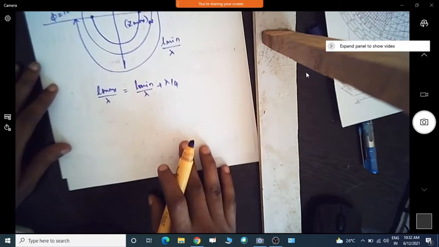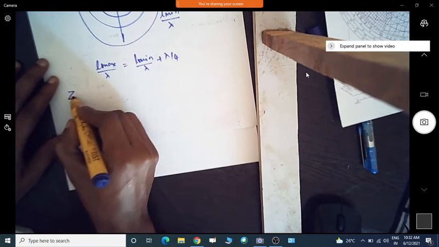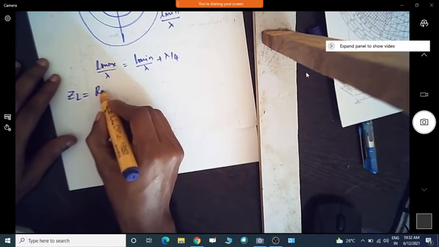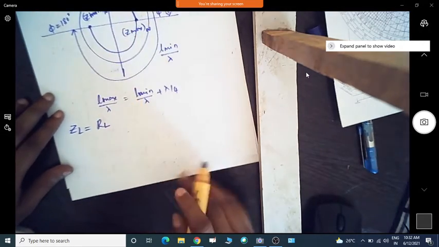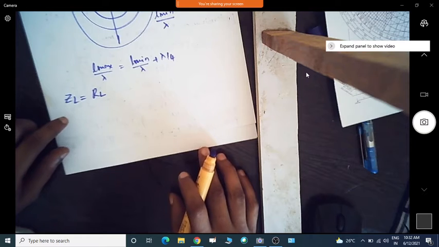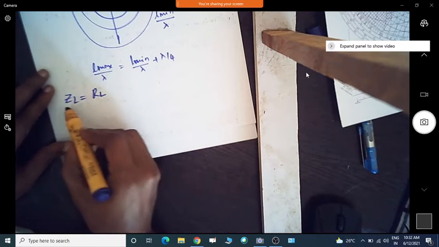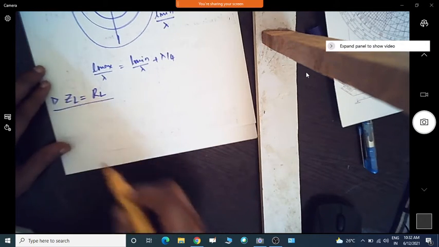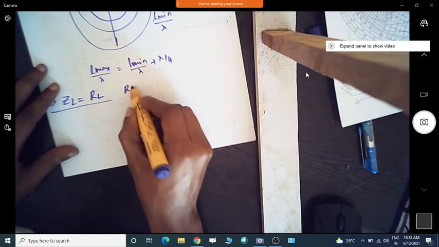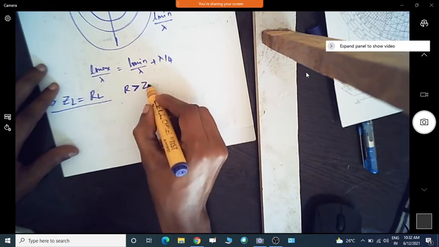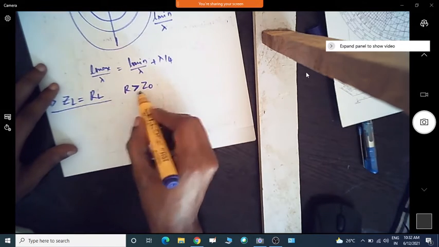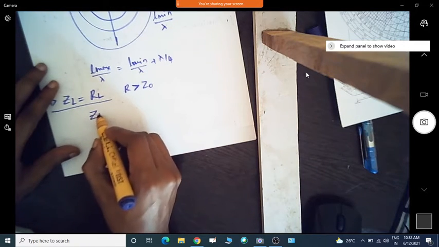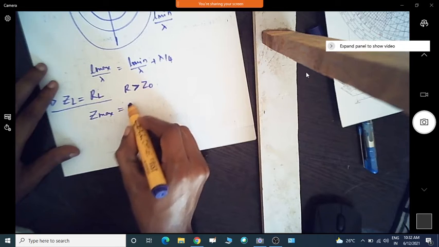We have the special case where the load impedance is purely resistive, that is RL. If we have the purely resistive case, what happens to Z max? If RL is greater than the characteristic impedance Z0, in this case we can take Z max itself equal to RL.